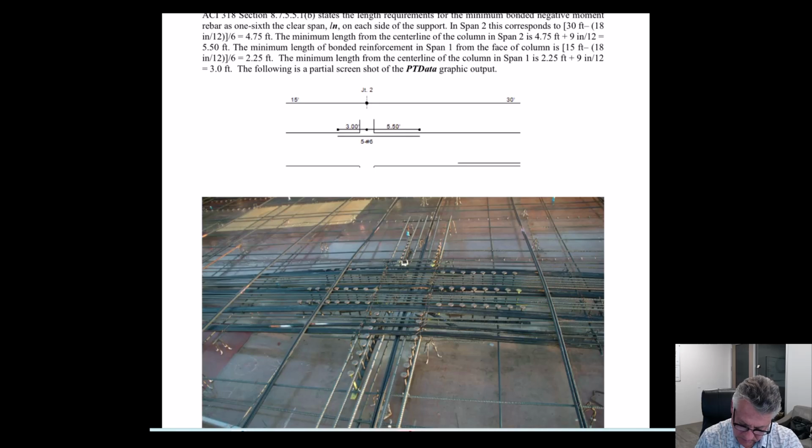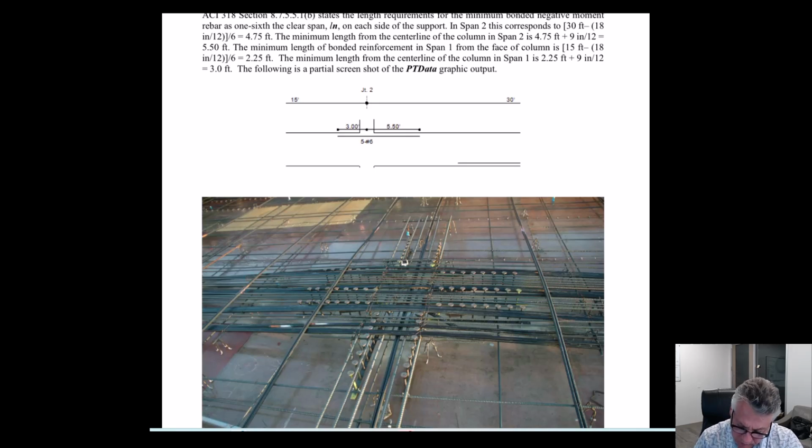In the other direction, we'll use the 5 number 6s. So those are on the bottom of the banded tendons. So they're effectively being the support bars for the number 4s going this way and for the banded post tensioning.